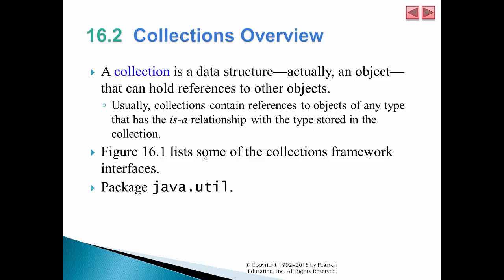So what is a collection? A collection is just a general interface for a data structure that holds other objects, right? It's an object which holds references to other objects. Usually collections contain references to other objects, and they basically represent a composition relationship, a one-to-many relationship between objects, right?